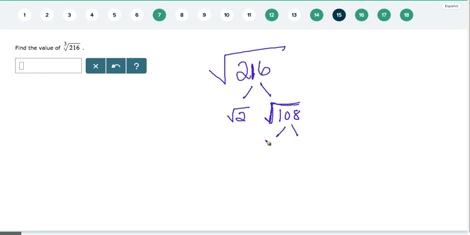Now I'm going to continue doing this until I have all prime numbers here. So 2 times 54. 2 times 27. Now it's not even anymore, so I have to say 9 times 3.